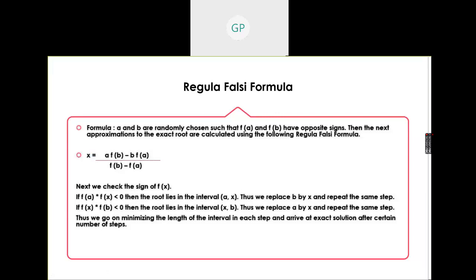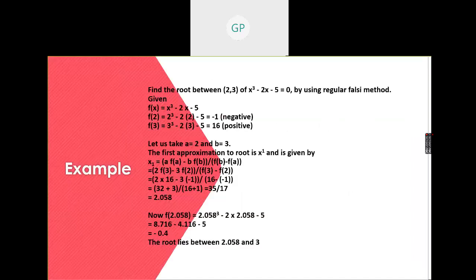If it is positive, negative, accordingly आपको A या B को skip करना है. अगर आपको दिखता है कि FA and FX have opposite signs, then you keep the interval A comma X. If you find FX and FB have opposite signs, then you delete A and you keep the interval X comma B. So you have to replace either A or B by X in every step. You need not draw everything every time. So this was the derivation of regula falsi.